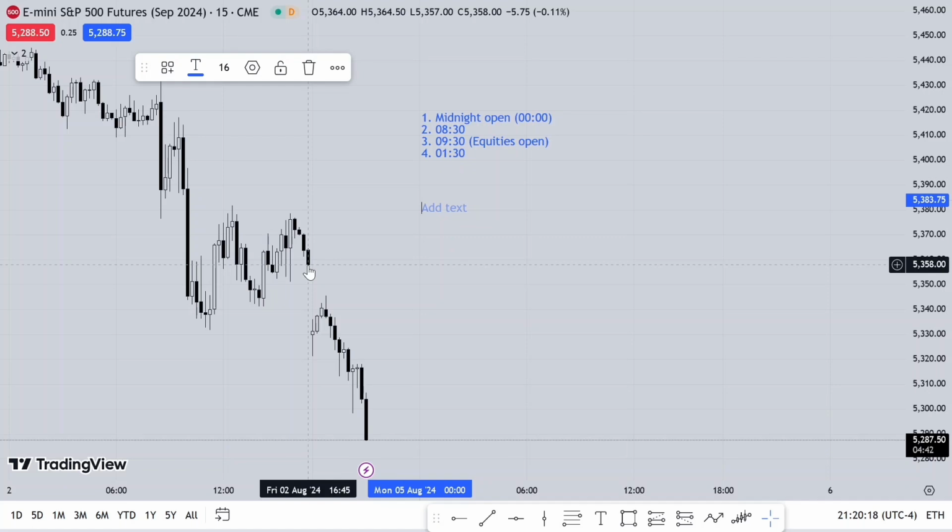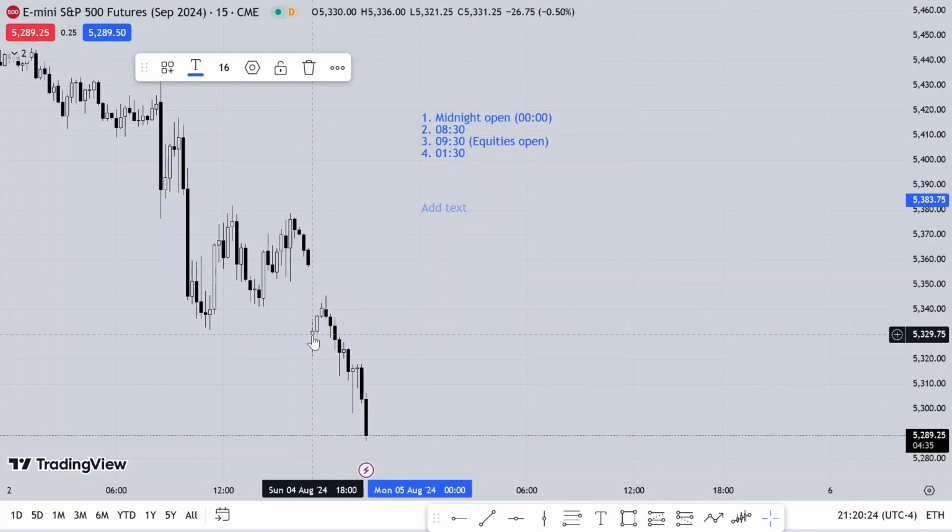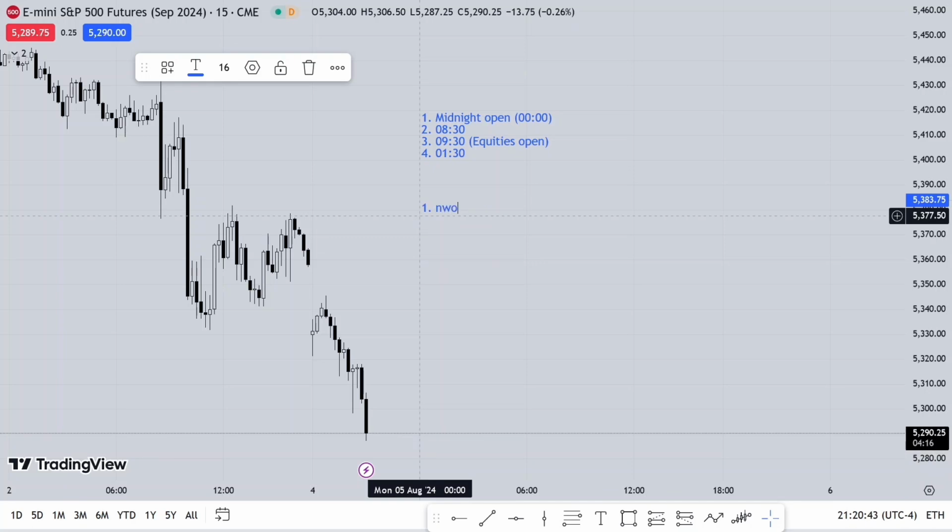And when it opens up on Sunday's trading, the opening price here is 5330. So this opening price is the opening for the week. When the week starts trading, the first one-second candle that prints is at Sunday's opening price. So here you have the new week opening price. This is the new week open.